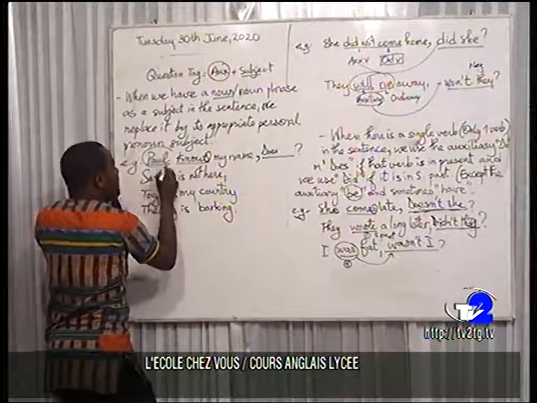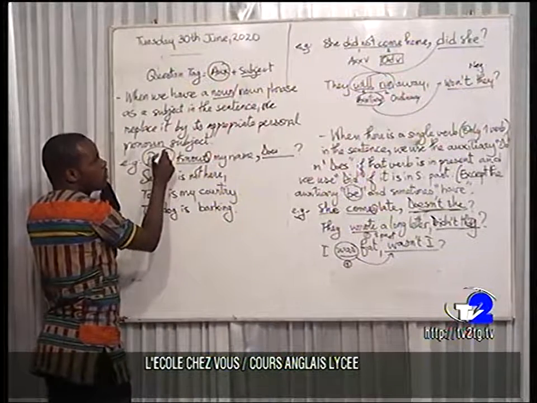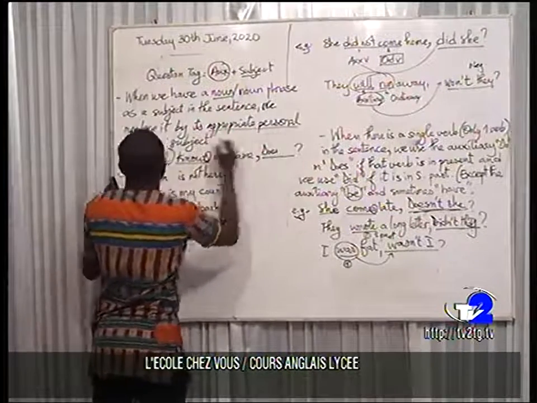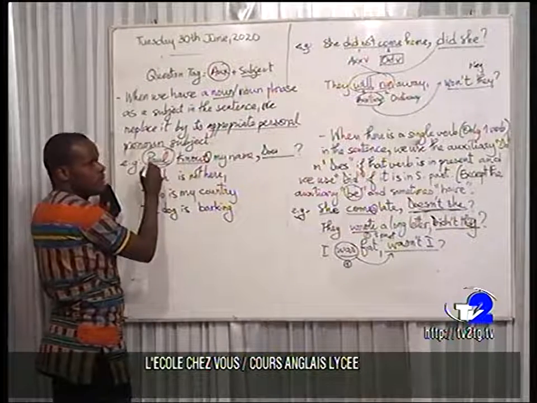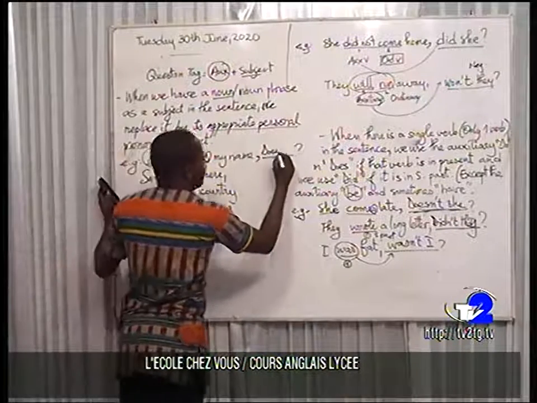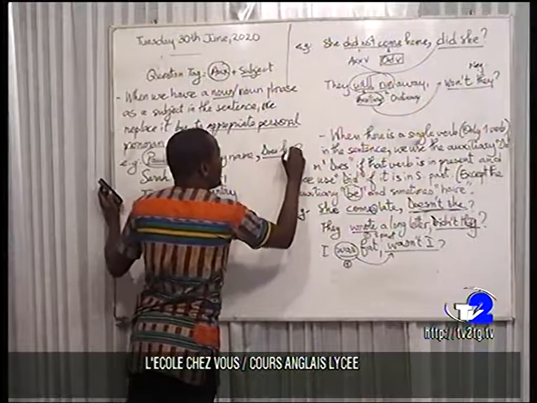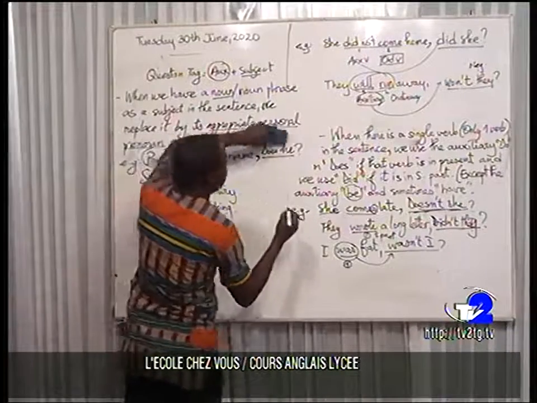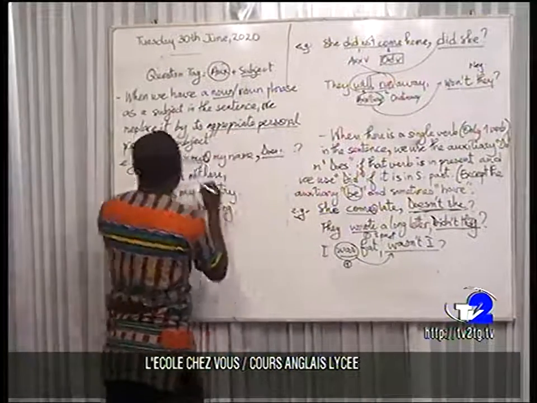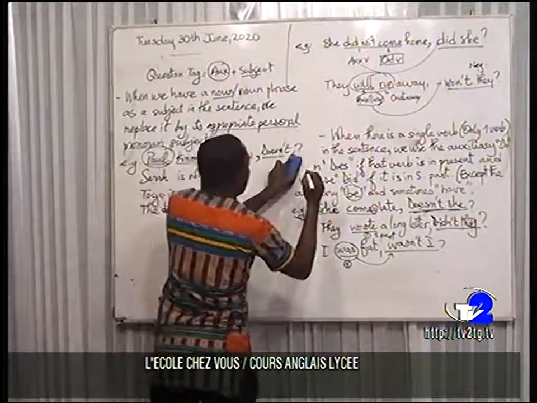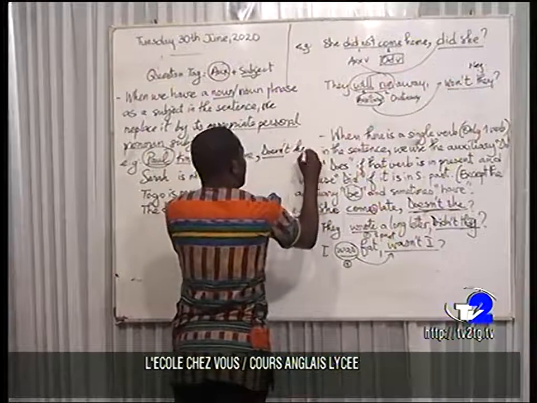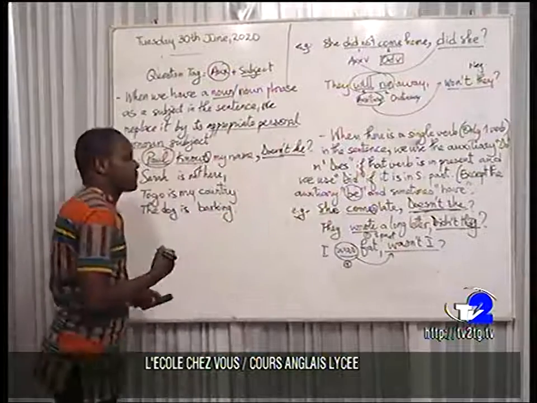We must replace Paul by the appropriate personal pronoun subject. Paul is a male person, so we replace Paul by he. Now the sentence is positive, so the question tag should be negative. You have to say, doesn't he? This is the question tag.